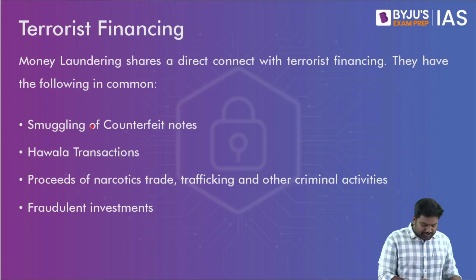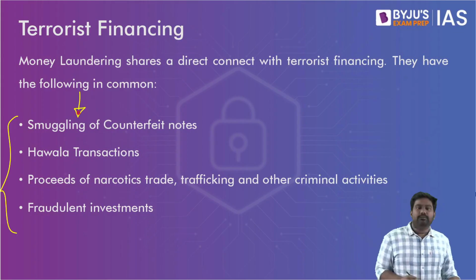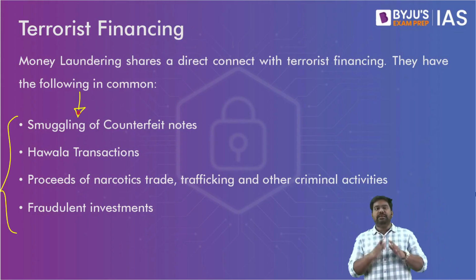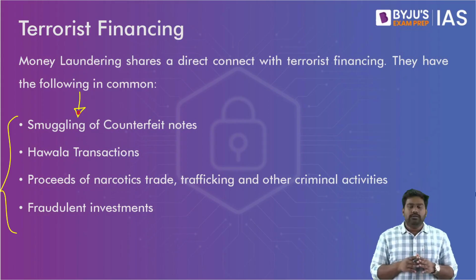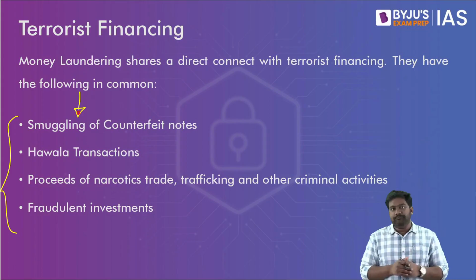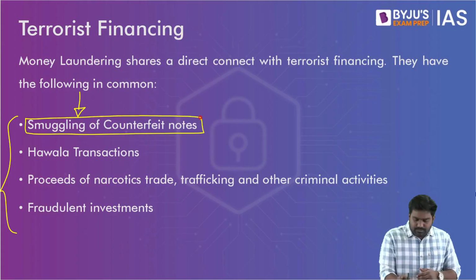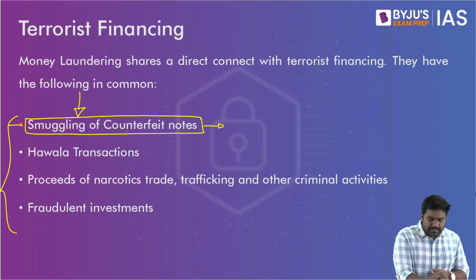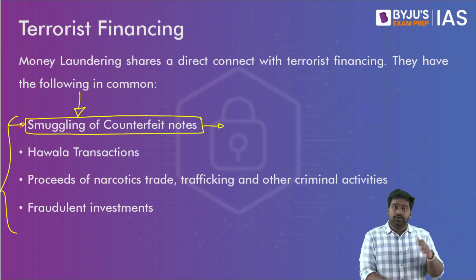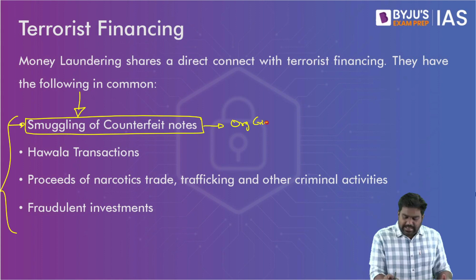Please remember this. If the money has to be laundered, in between there are many, many elements that get involved. For example, the money has to be moved out of the country. Sometimes the cash will be smuggled. Not just counterfeit notes, even the actual cash might be smuggled, which requires the help of organized criminal gangs.